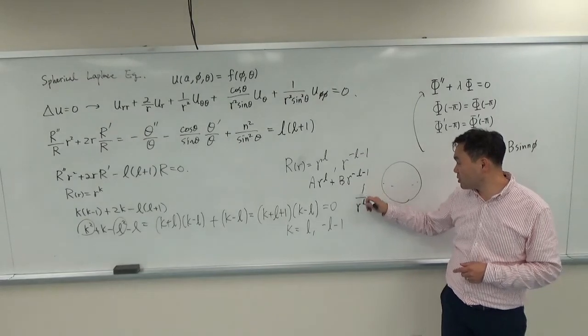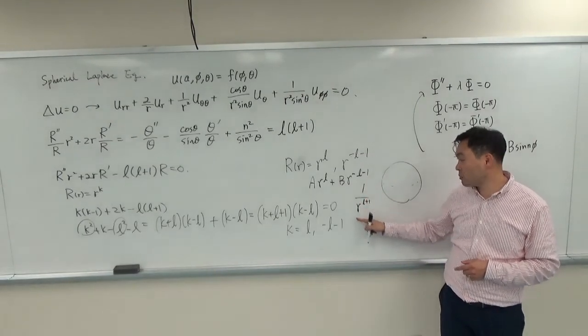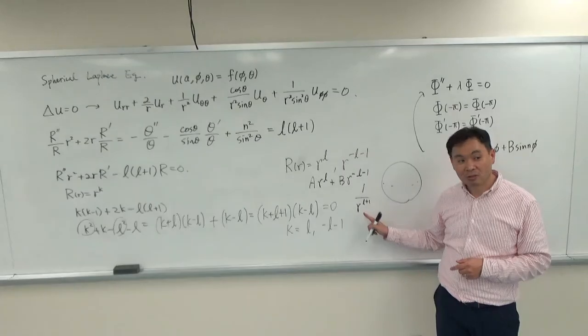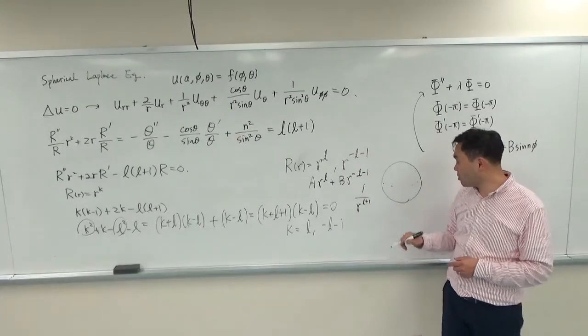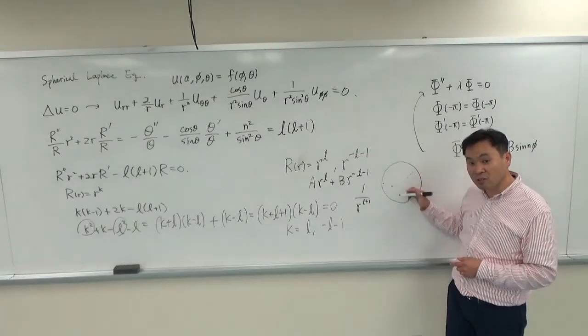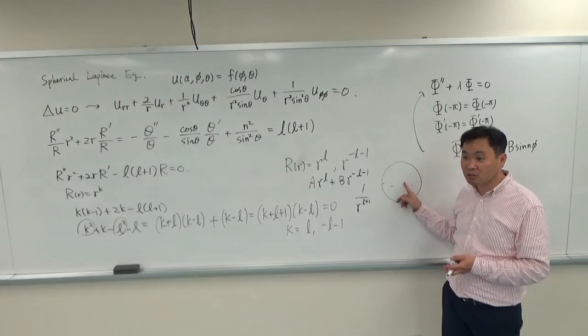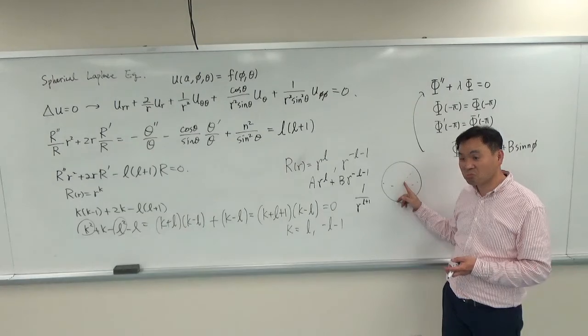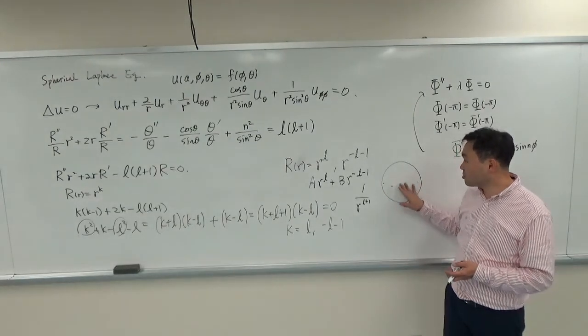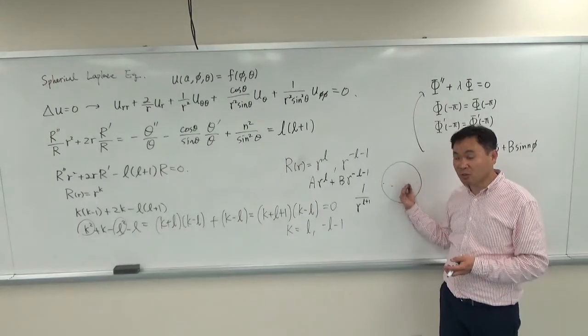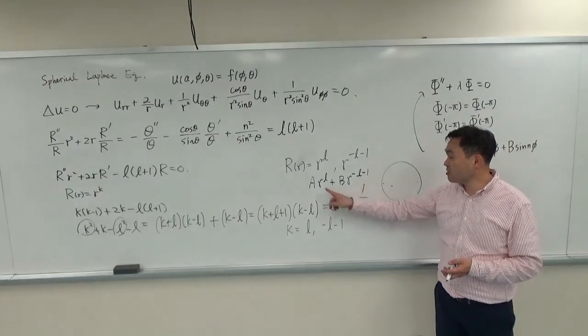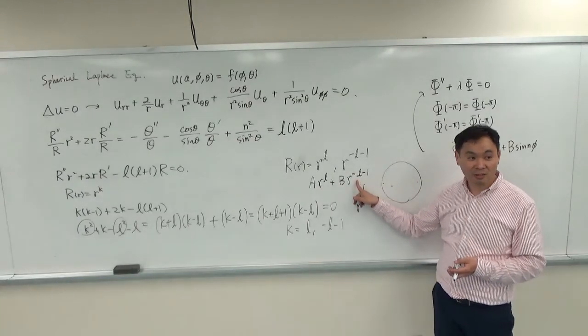So when R is a small value, what happens to this? It becomes infinity, right? So you're going into the sphere near 0. What's happening to the electric potential? It's going to infinity. Does that sound reasonable? No. So if you're solving inside the sphere, it's this one that's physical and this is not.